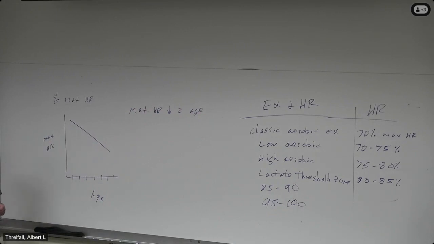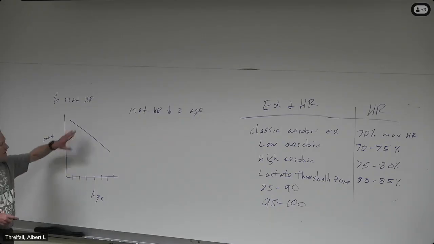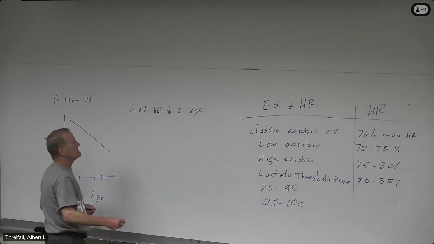Some of you might have taken statistics. Many healthcare programs require statistics. That's why I say some of you may have taken it. But there's a method called linear regression, and I don't care if you remember that phrase or not. But using linear regression, they created the equation for that line.